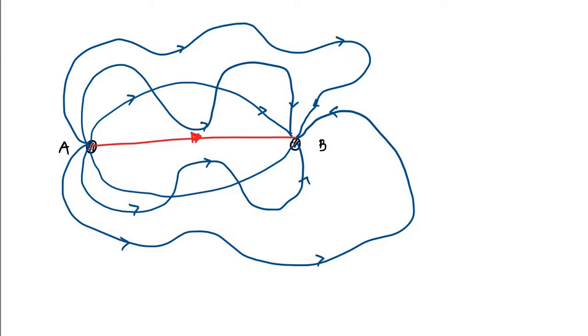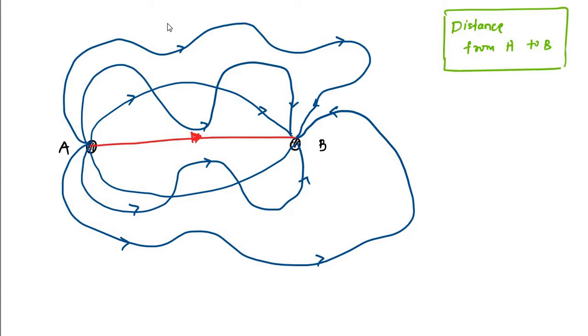Here all these curved paths here and there through which we can reach A to B, which are drawn in blue, they are all distance from A to B in blue. Okay, the blue ones are distance from A to B.